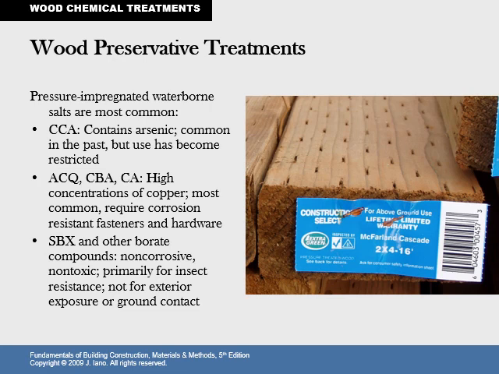High concentration of copper, which kills fungi. Most common require corrosion-resistant fasteners and hardware. The SBX and other borate compounds are non-corrosive, non-toxic, and primarily for insect resistance, not for exterior exposure or ground contact. So the more chemical and the harder the element used, the more it's going to contain stronger elements that touch the ground.